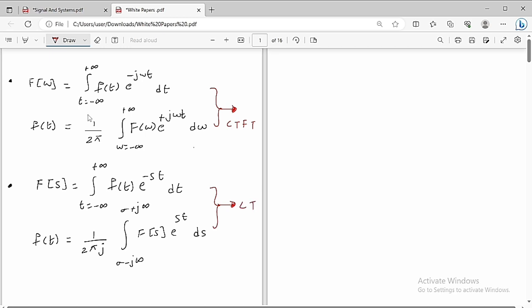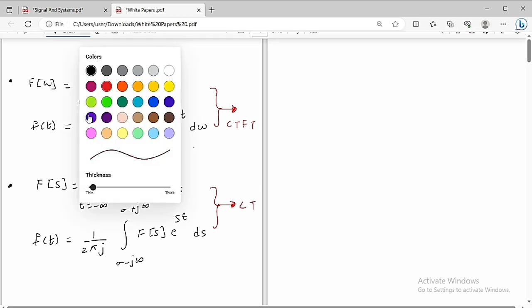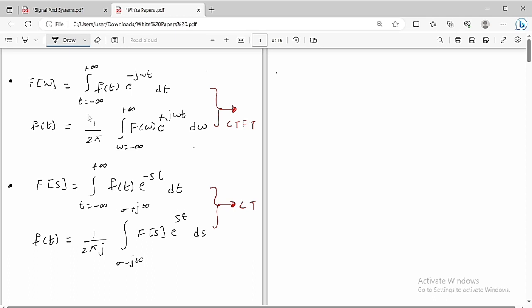So now let's write for the discrete case. Discrete time Fourier transform, I have already told you how to get F(omega). F(omega) is nothing but the summation, replacing integration by sigma, with n equal to minus infinity to plus infinity of f(n) into e to the power of minus j omega n.